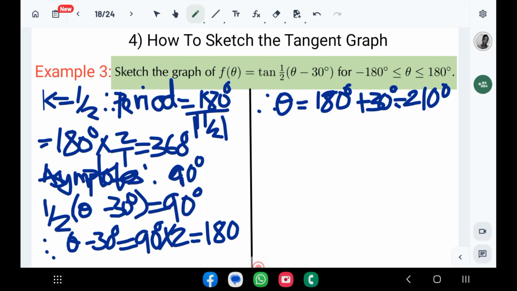So that is 210 degrees. That is the first asymptote on the right. The one on the left-hand side, you simply take the period. The period is 360 degrees. So let's calculate that one. This is asymptote 1. Let's calculate asymptote 2.